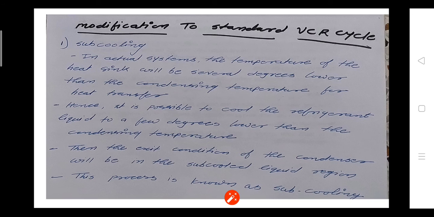Why do we require the subcooling? Because for the better performance of the expansion device, the cooled liquid should enter the expansion device. Hence it is possible to cool the refrigerant liquid a few degrees lower than the condensing temperature, to ensure that the refrigerant liquid enters the expansion device at minimum temperature.